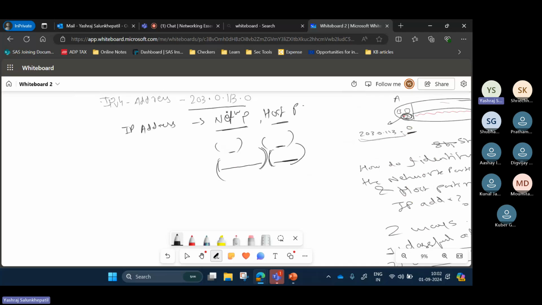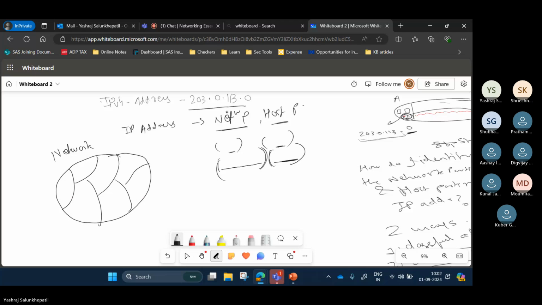In a similar way, in a network, suppose this is a network, there are sub networks. These are called subnets. These are nothing but locations on the network, on the internet.